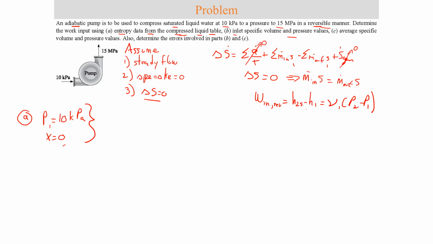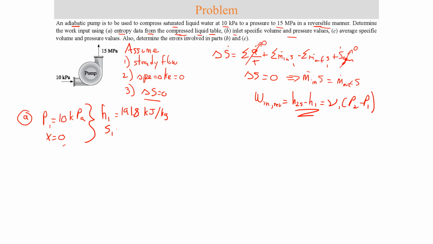Now the first part is asking you to find the minimum work, or the reversible work, using the change in enthalpy. If we have two properties going in, we can get the enthalpy going into the pump, 191.8 kilojoules per kilogram.